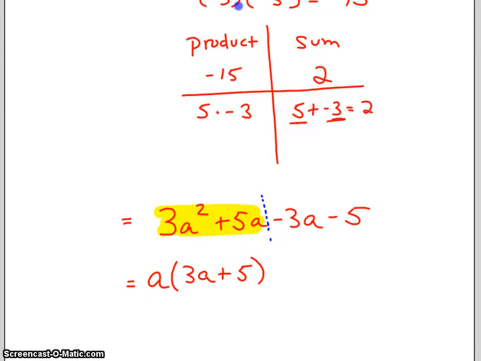So now the greatest common factor of the second half would just be a -1. So if we divide each term by -1, -3a divided by -1 is +3a. -5 divided by -1 is +5. Now see how we have the 3a plus 5 both times? It's exactly what we wanted.